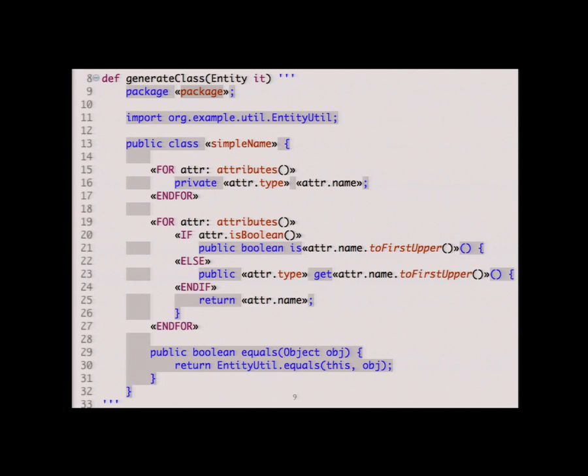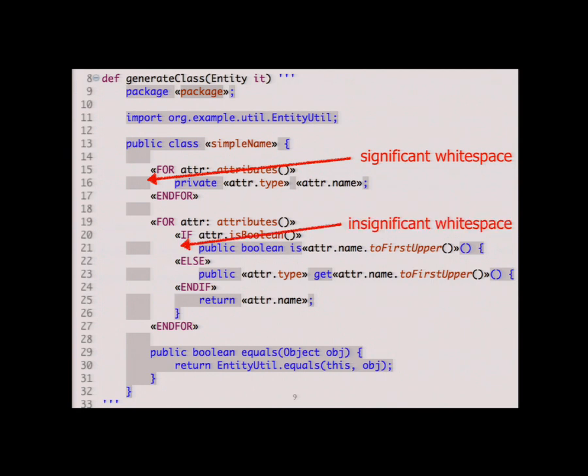It consists of fixed template text. It consists of dynamic content wrapped in these French quotes. We have similar directives, but this template language distinguishes significant whitespace versus insignificant whitespace, and this makes a big difference.